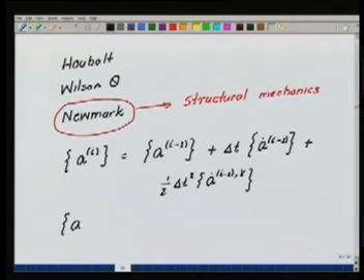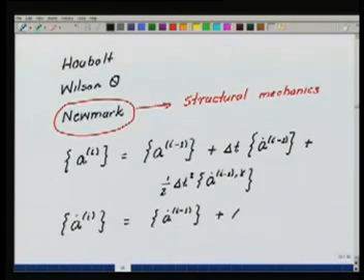Similarly, the velocity at station I is given in terms of the velocity at station I minus 1 plus delta t into the, sorry, it should be acceleration here, so a double dot at station I minus 1 comma beta comma alpha. So let's put it like this.